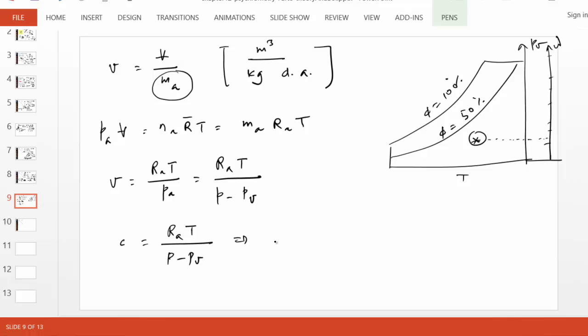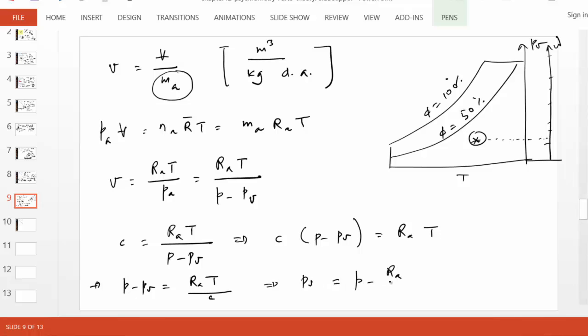So C times (P minus P_V) equals R_A T, or P minus P_V equals R_A T over C, or P_V equals P minus (R_A over C) times T.